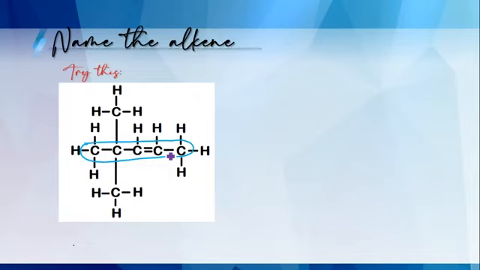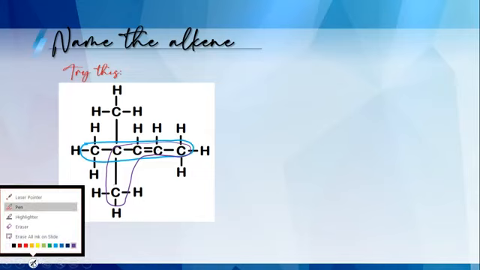So 1, 2, 3, 4, 5. Remember, our longest carbon chain must include the carbon-carbon double bond. The second one, it can be like this: 1, 2, 3, 4, 5. Still 5.